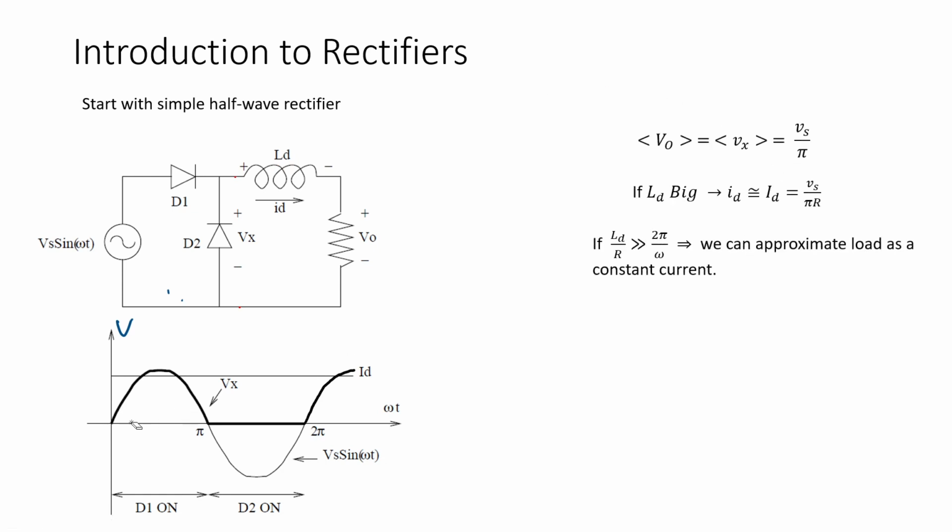Then you can compute using the average value formulation, the integral over a period, and you can find the average voltage of VH is just Vs over pi. And for a big inductance, the current through the load would be assumed constant. Actually it's almost constant if you choose a very large LD.